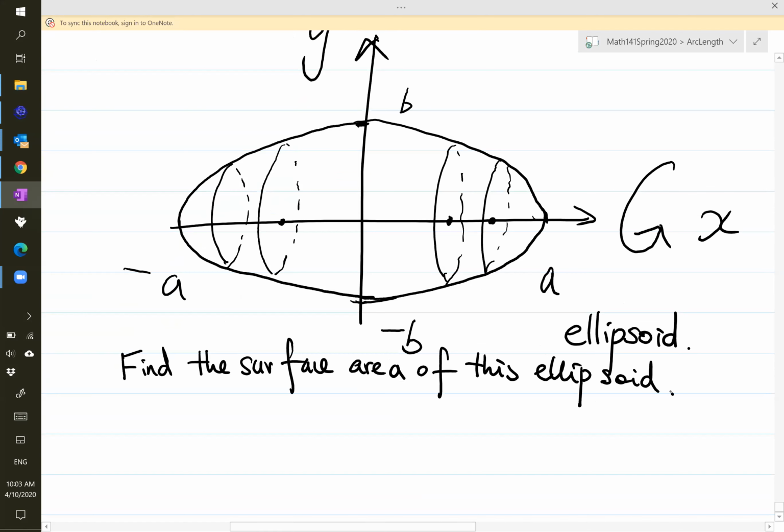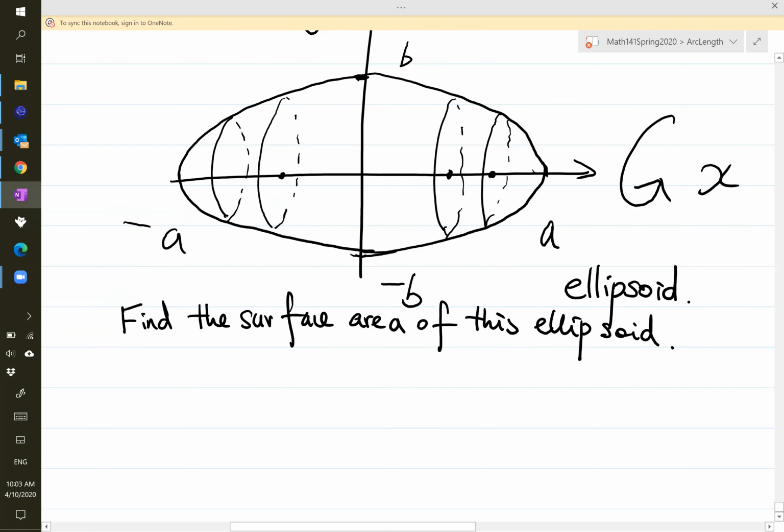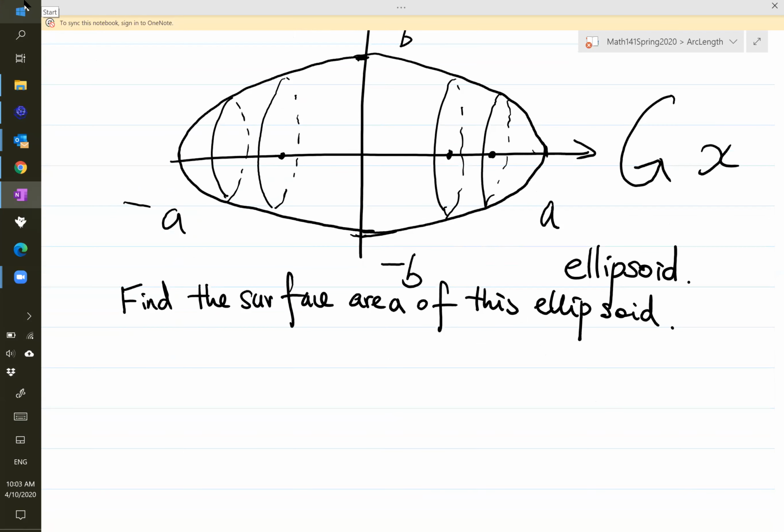Okay, now how do we work out this problem? For this example, we preserve the symmetry, so we cut along the x-axis. We cut perpendicular to the x-axis.